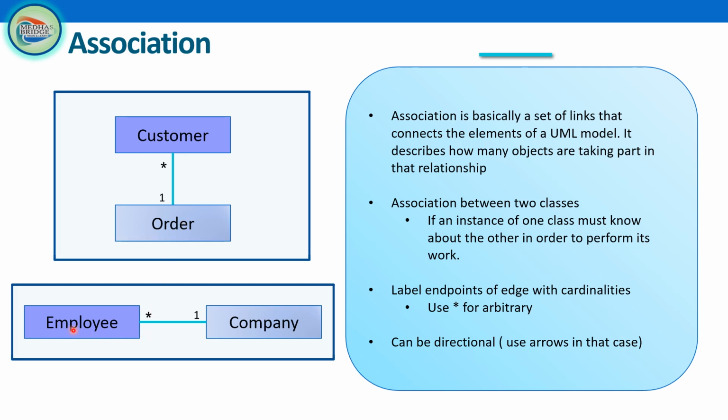Look at an example, employees and company. Cardinality 1 to many. A company is one, but a company can have multiple employees. But an employee associated with a company is one. One employee should be associated with only one company at a given point of time.